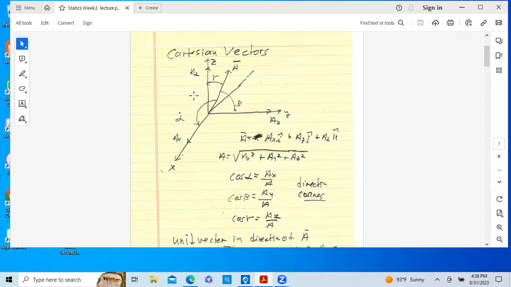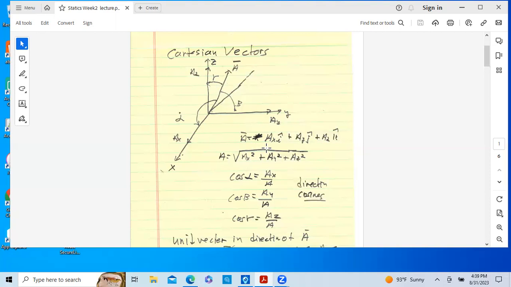The angle with the x-axis is alpha. The angle with the y-axis is beta. And the angle with the z-axis is gamma. We'll call those direction cosines. So the vector A, we can write with unit vectors.